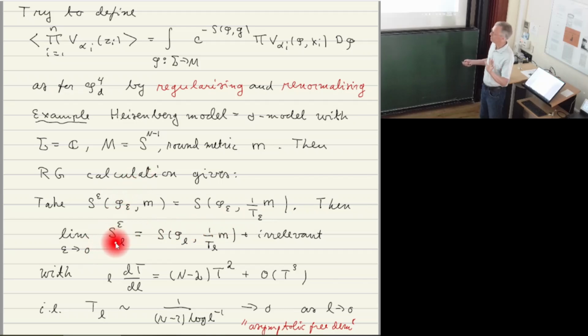None of this is proven, so this is just a heuristic calculation. You expect that if you compute these effective actions, as they are called, at different scales, then they flow in the following way: they flow with the same number here, but now with epsilon changed by L, plus some terms which are usually called irrelevant, they are not interesting, let's forget about them. This parameter, which you have put there and which also describes how your theory looks at different scales, satisfies this simple equation here.